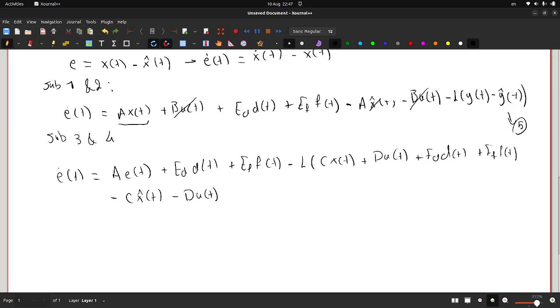We can remove this with that, and now we can do a bit of simplification.